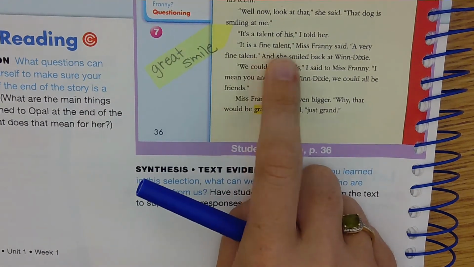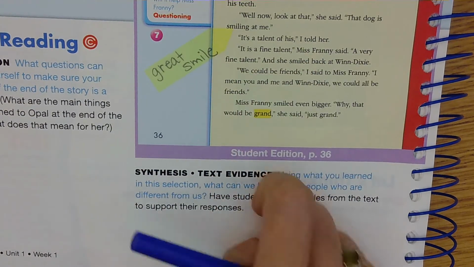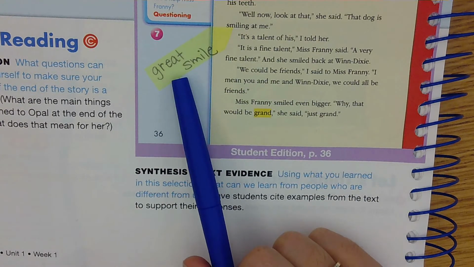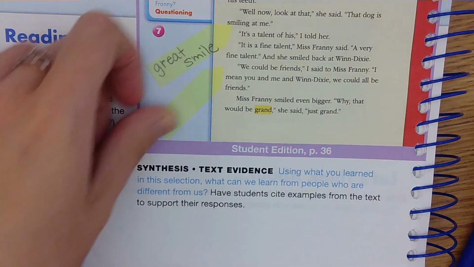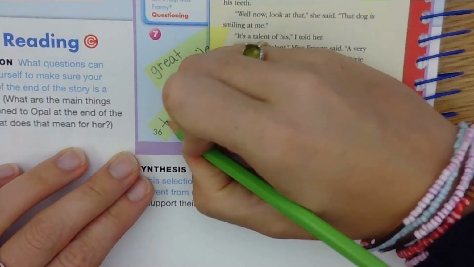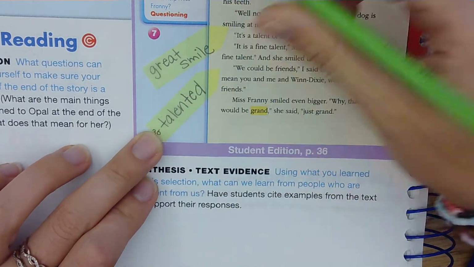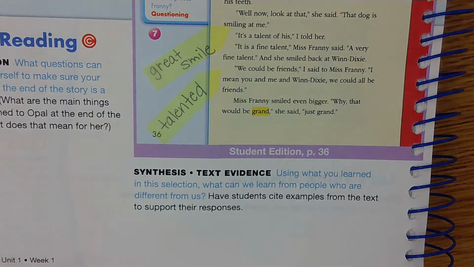"It's a fine talent," said Miss Franny. "A very fine talent." All right, so Winn-Dixie has a great smile, and you could even say that he's talented. He knows tricks. All right, so I'm going to add another little one in here. We could put that he's talented. All right, and let's add those to our Winn-Dixie as well.